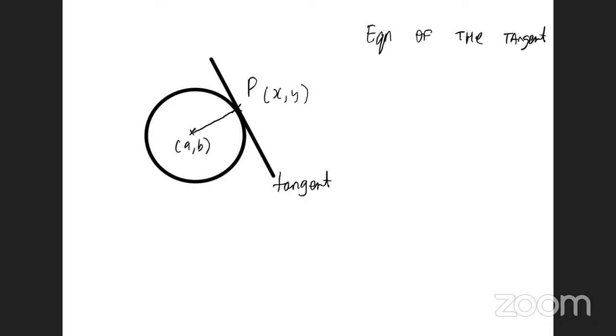It always forms the same angle: 90. So every time you see a tangent and a radius, it's always 90 degrees.